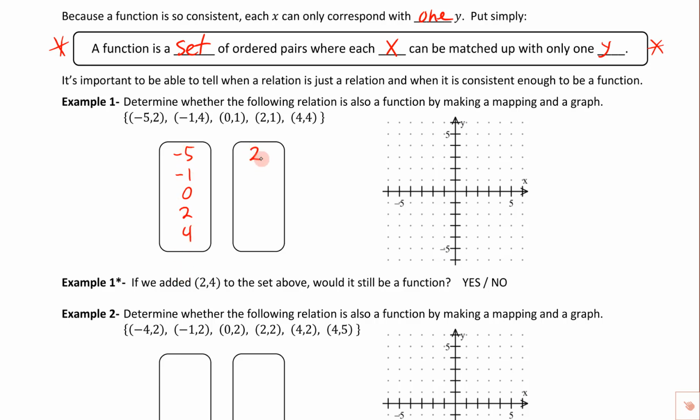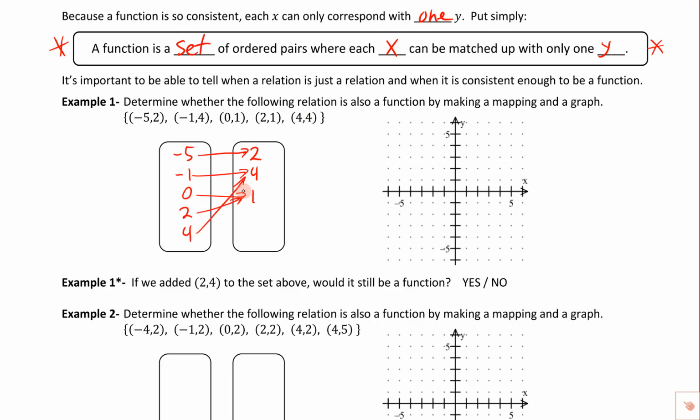And then we've got a 2, we've got a 4, we've got a 1 in both of these, and then we've got another 4 right here. So I'm not going to write that other 4 there. Let's just draw this mapping here. So -5 corresponds to 2, -1 corresponds to 4, 0 corresponds to 1, and then 2 corresponds to 1, and then 4 corresponds to 4.